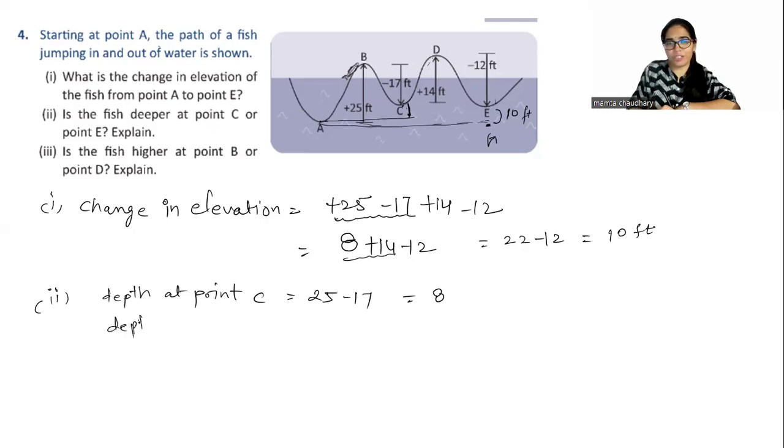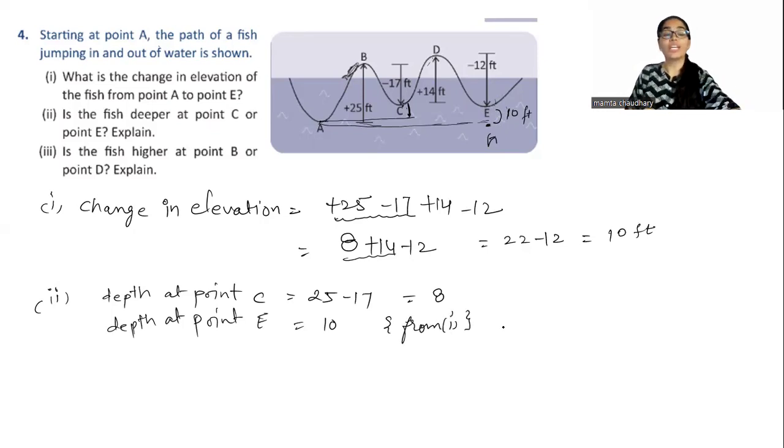And depth at point E. Okay, so if we see point E, point E is at 10 feet from point A. This 10 feet we have taken from bit 1, right?